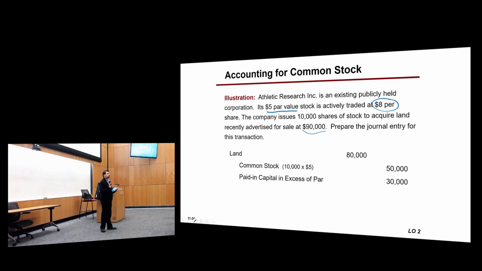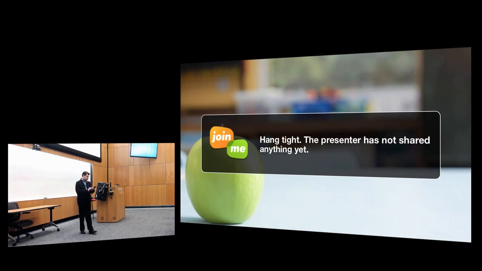Common stock is going to be credited at par value. The difference between the two will be credited to paid-in capital in excess of par value. So in this case, the company will debit land.